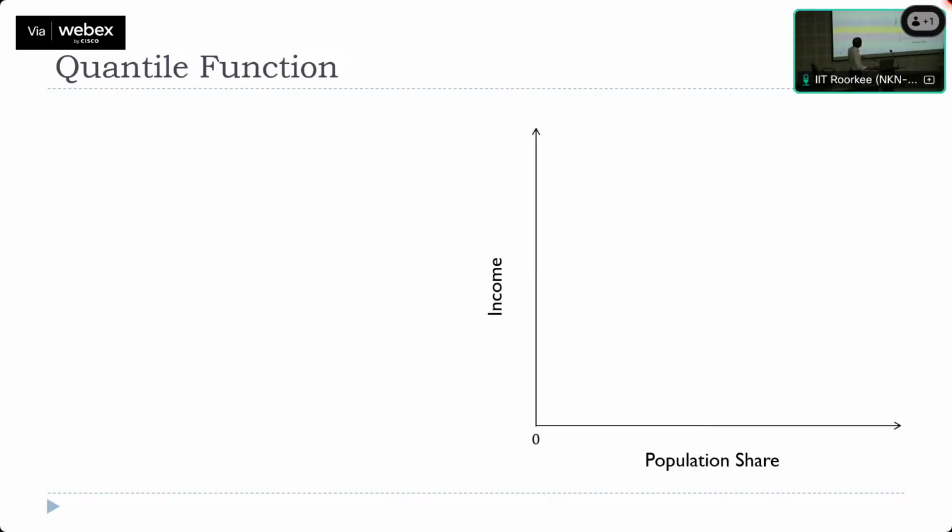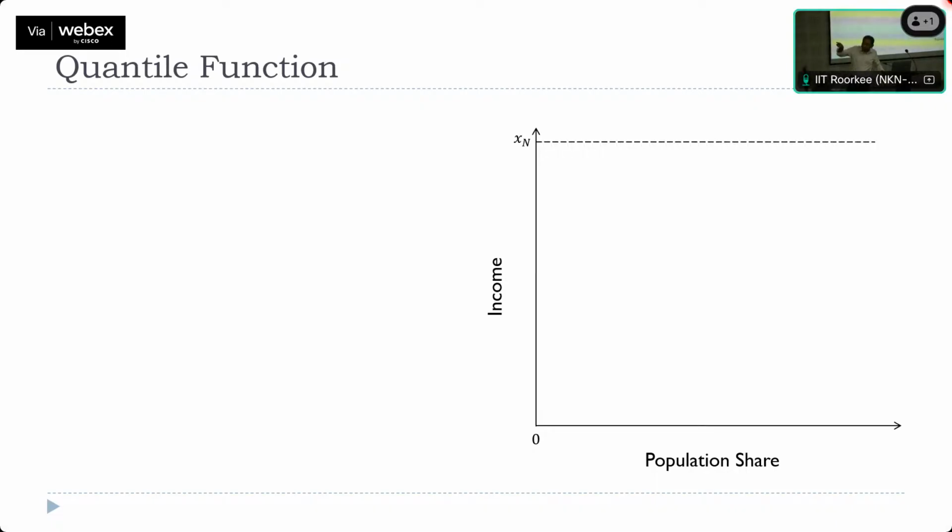Okay, so what is a quantile function? Suppose we have a graph. You have seen graphs, all of you? You understand graphs, right? So suppose you have this diagram where you have income on the vertical axis and cumulative population share on the horizontal axis. So population share has to be between 0 and 100%, right? And on the vertical axis, you have income.